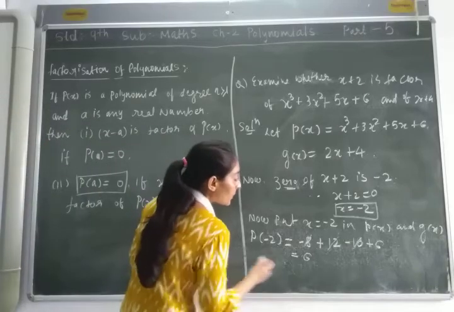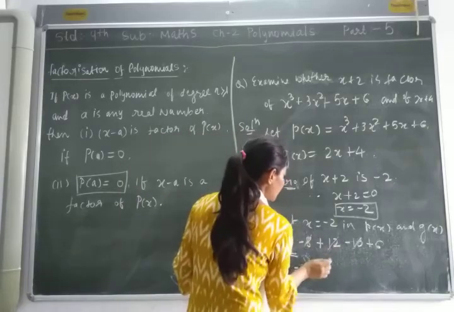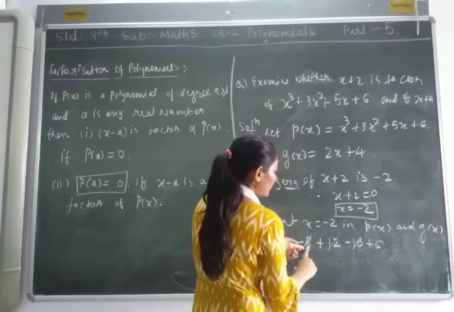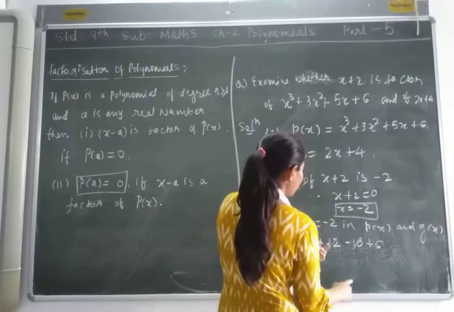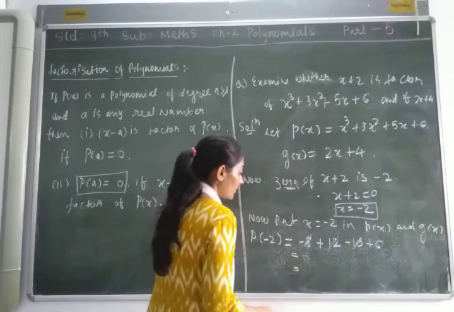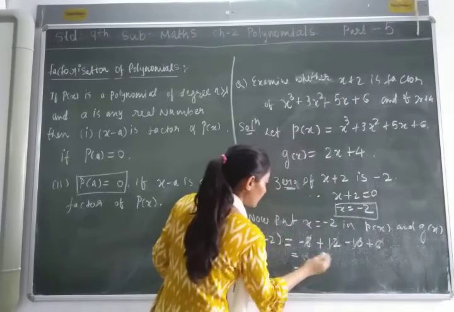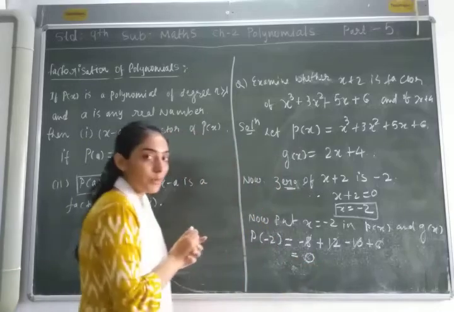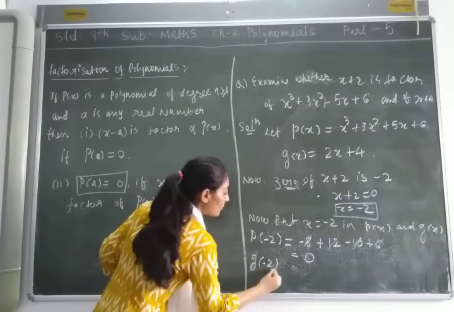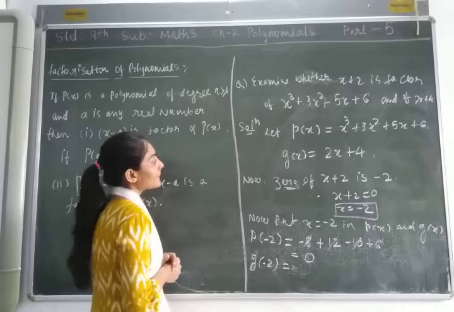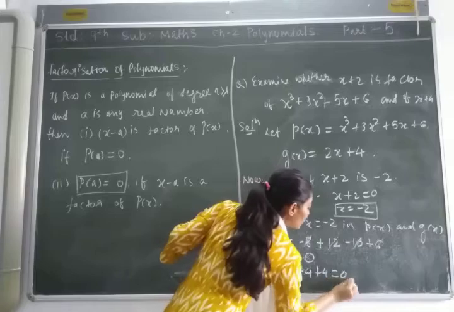Now g of minus 2: minus 4 plus 4 equals 0.